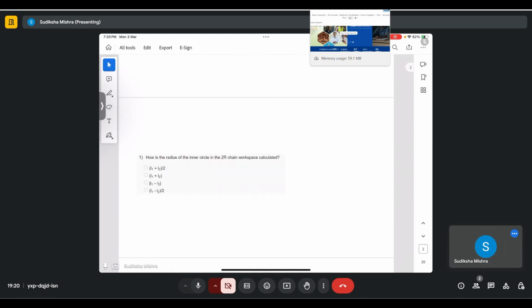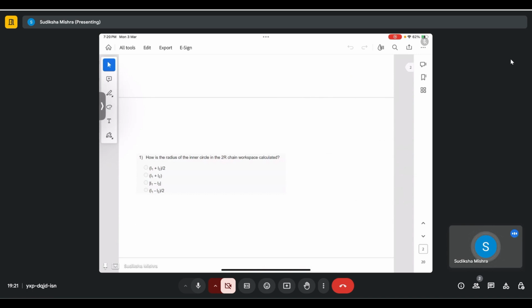We can discuss some questions, and then that's the end. The first question is, how is the radius of the inner circle in the 2R chain workspace calculated?